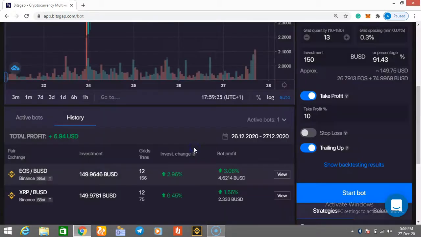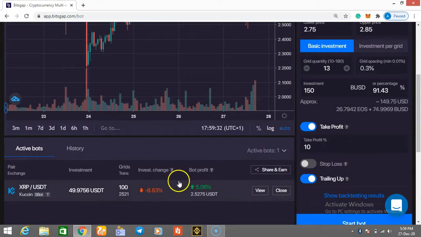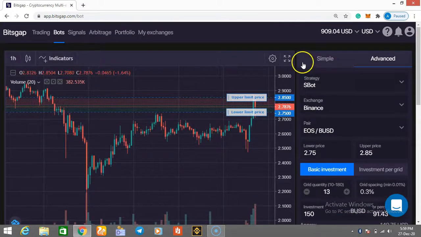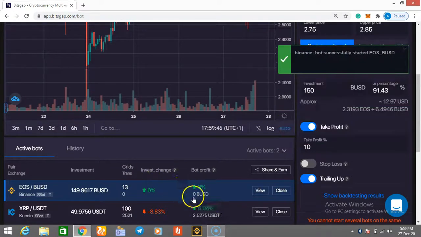Buy right now. I'm going to see the setup here on the active bots. From there the bot will start trading, and it will keep trading until I decide to stop it.